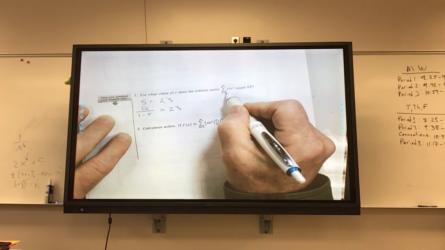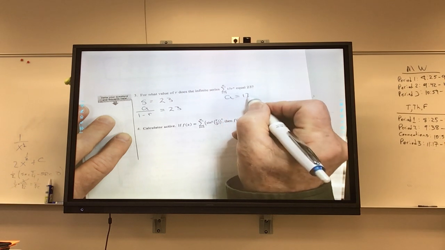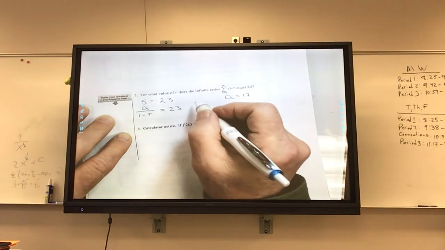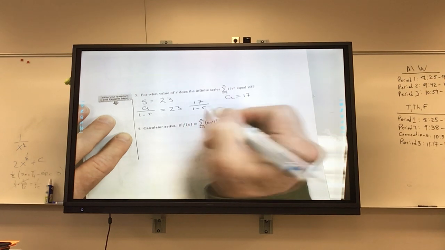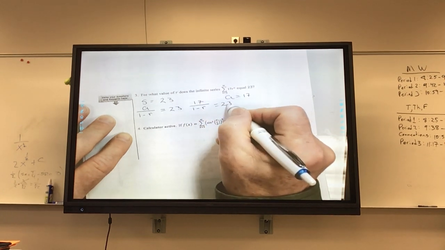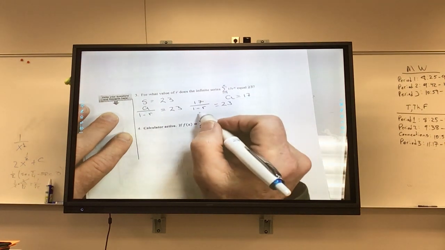So my first term would be what? 17. So A is equal to 17. Now I have 17 over 1 minus R equals 23. Grant, would you agree with that? Yep. Tell me what the next step would be, and I'll do it. Multiply 23 by 1 over 17, or just divide by 17.